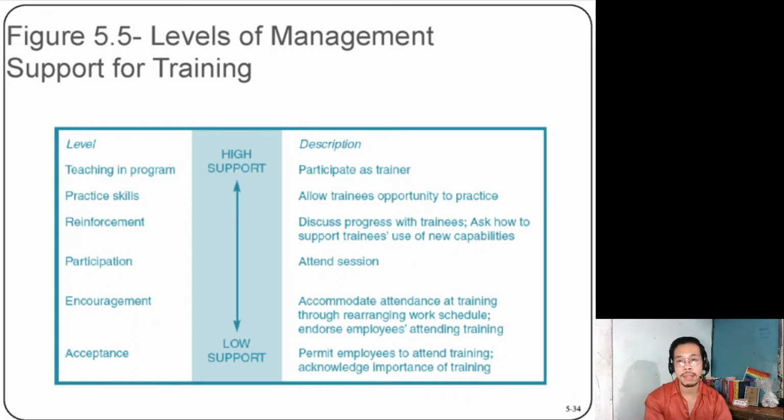For example, acceptance. Acceptance here is most likely the trainees themselves accepting, so there is no involvement with other people. So it needs low support as compared to teaching program, where it needs collaboration with the trainers, with the managers, etc. So it also needs high support from other people.